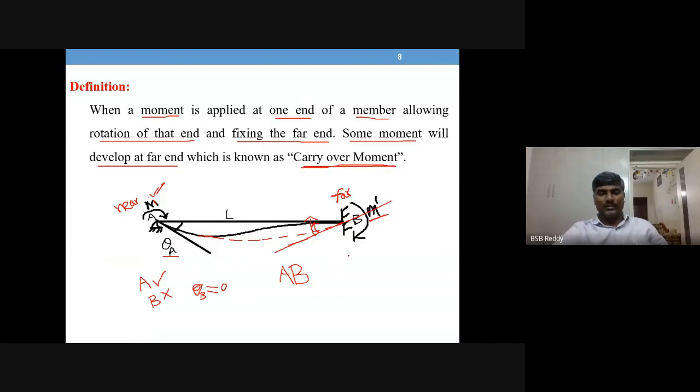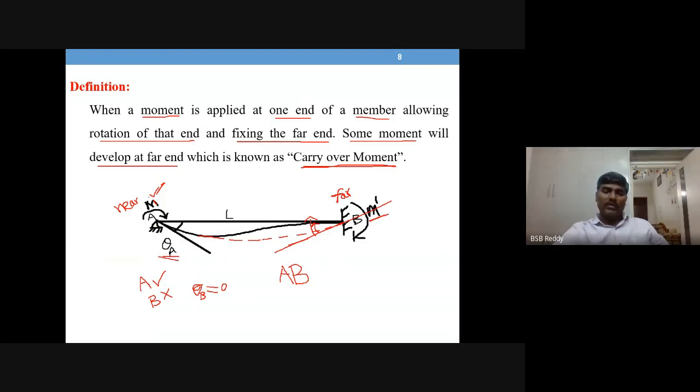Got it? So when you take a member, one end is hinged and another end is fixed. When you apply some moment at end A where the hinge is, it will be rotated by some theta.